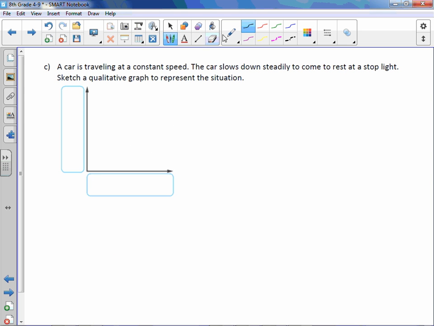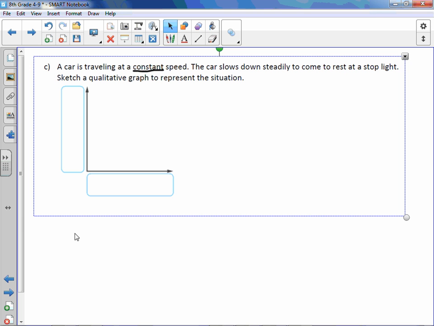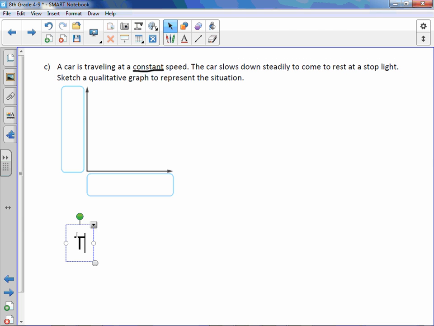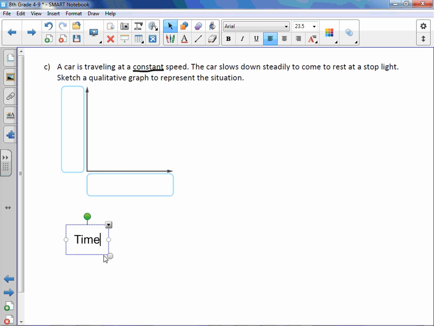Letter C. A car is traveling at a constant speed. The car slows down steadily to come to a rest at a stoplight. Sketch a qualitative graph to represent the situation. So, our x-axis will be time, and our y-axis will be speed.